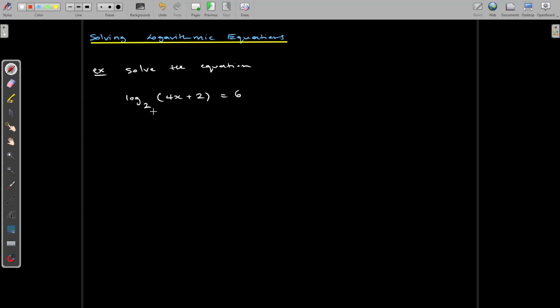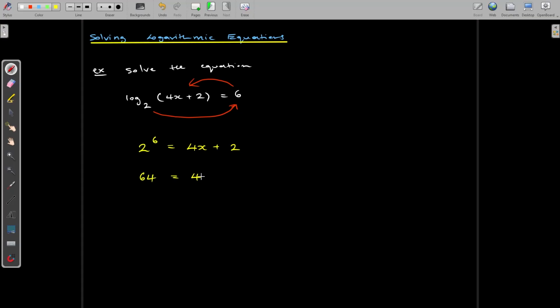So we go in a counterclockwise direction, and we will have 2 raised to the 6th power is equal to 4x plus 2, right? Yes, sir. And then we should be able to solve this. 2 to the 6th power, that's 64.